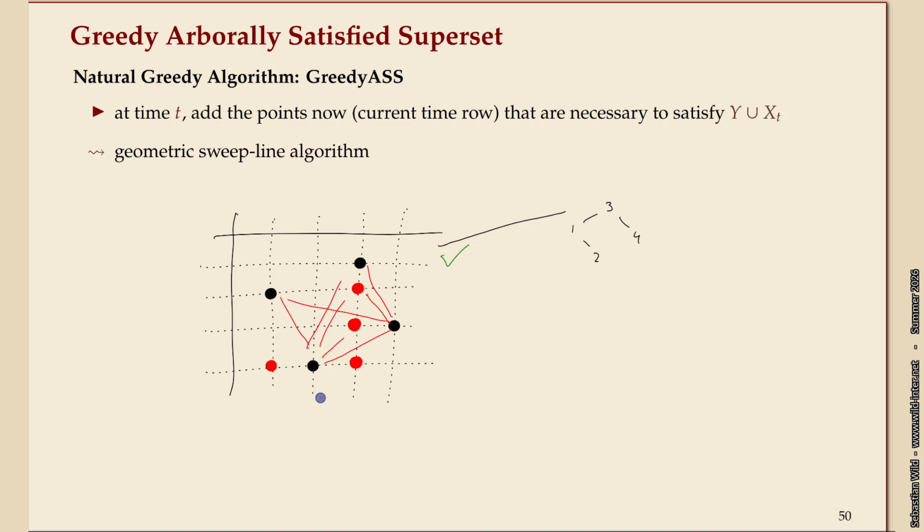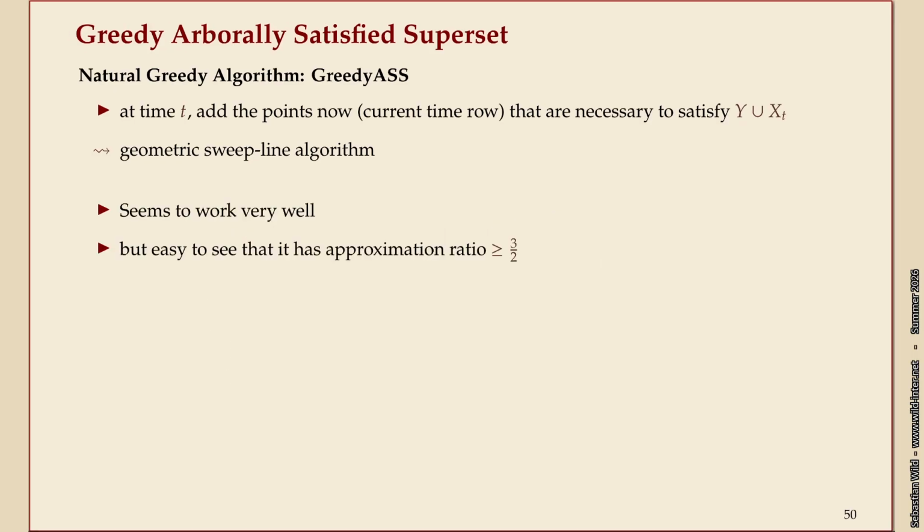I can put the points online, I can assign the points line by line in a sweep line, only looking at the past and the present. But whether the tree can be made following that without looking into the future is not so clear. And indeed, I'll come back to that in a second.